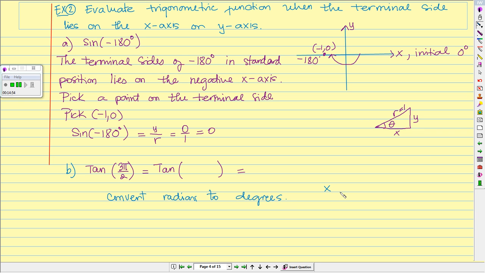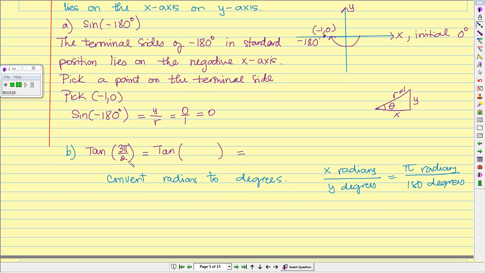Okay, the first thing you want to do is set up the proportion again: x radians over y degrees equals pi radians over 180 degrees. Now we want to substitute what we know. We know it's given in radians, so we just want to look for degrees.